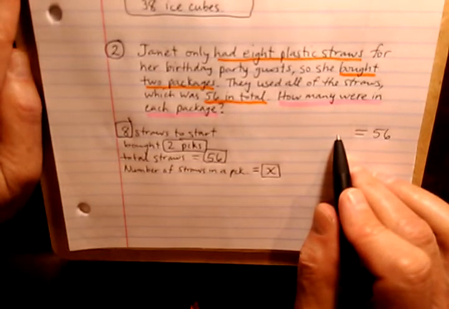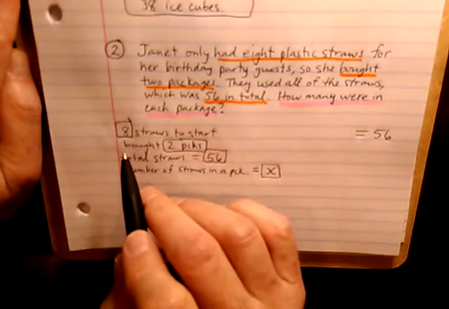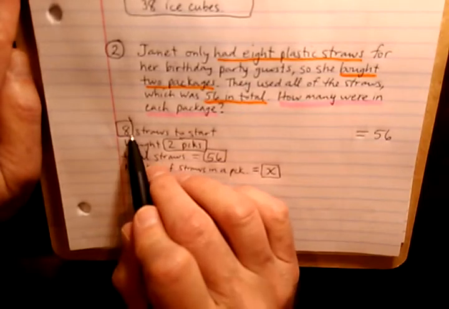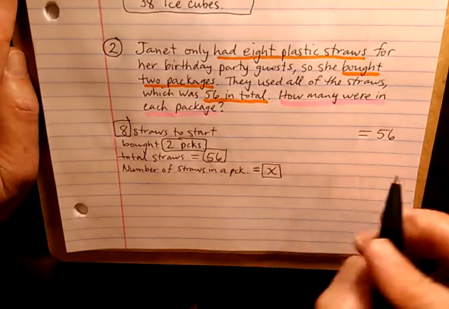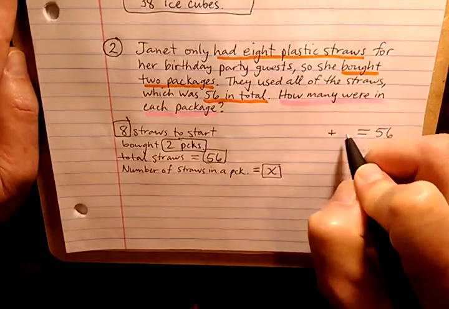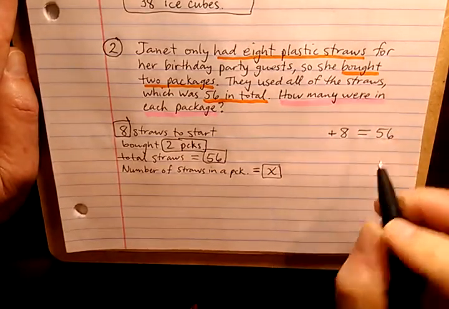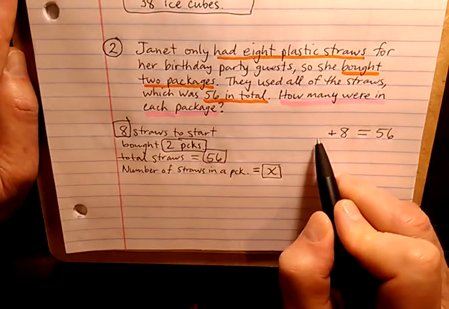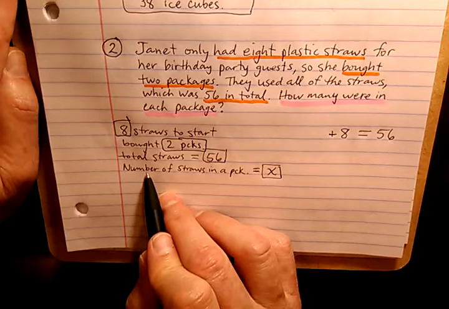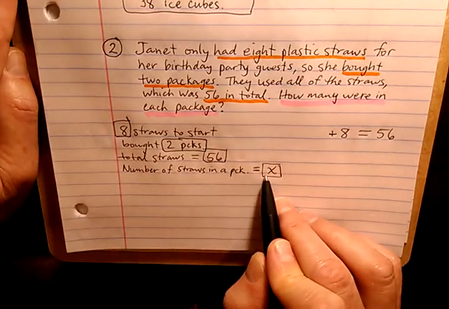Well, let's use the 8 straws. We know there's 8 being added to the packs. So if we're going to add 8 straws, we could put that there. But somehow we need to get the packs in here, those packs of straws, without knowing how many are in each pack. We need to figure out the number of straws in a pack.